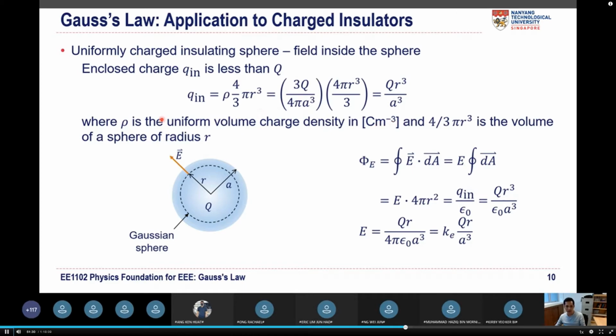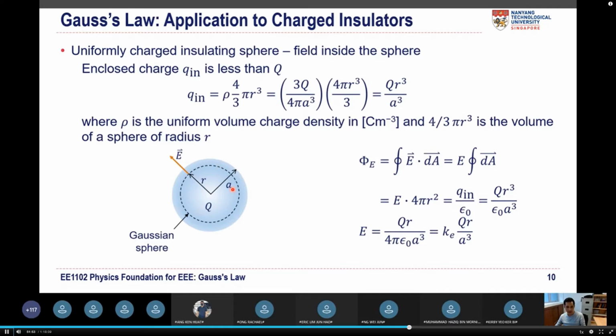Okay, we can calculate that. So in order to calculate the field inside the sphere, we need to draw a Gaussian sphere inside the charged ball, right? Like that.